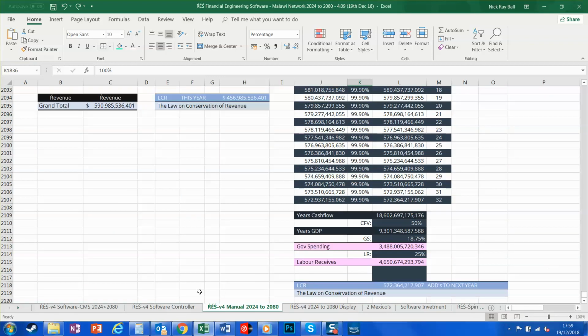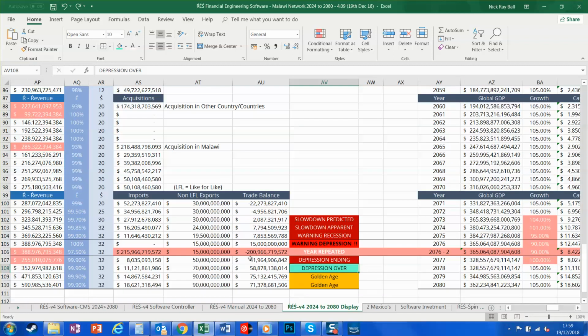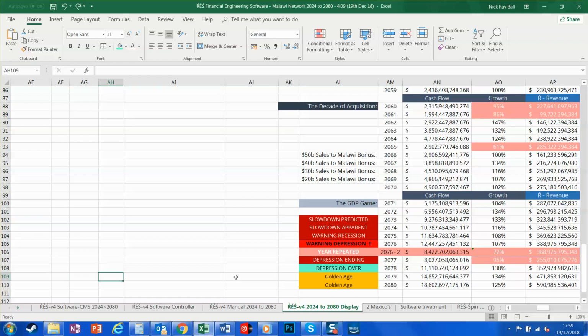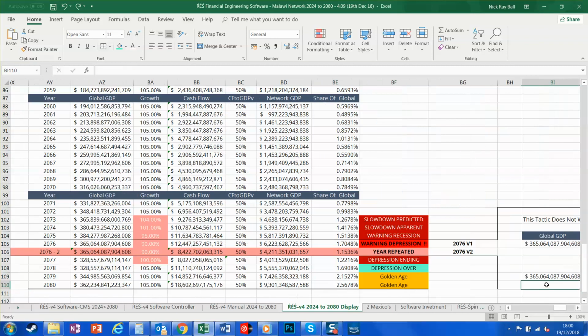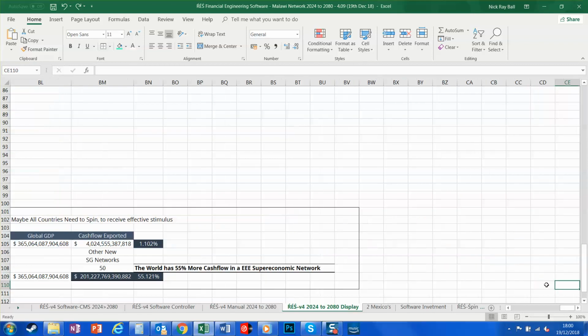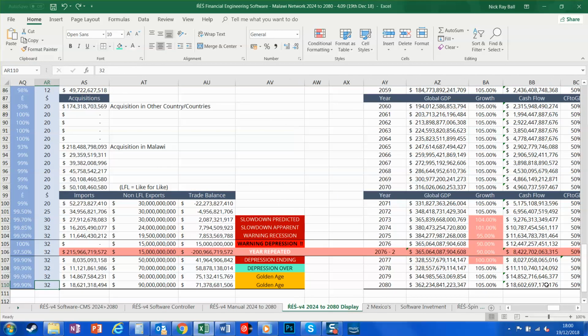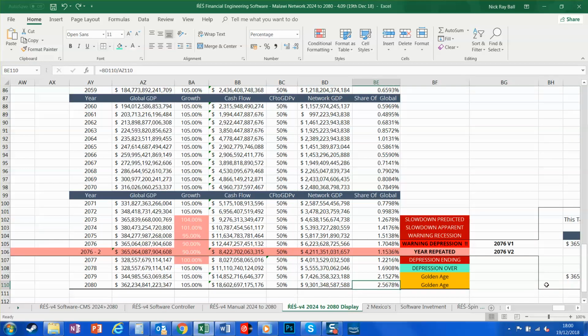And what we can see here is, because of those last 4 years of growth, which is growth of 93% in 4 years, unheard of in human history. No, back. There we go, that figure there, 2.56% of the global economy made by Malawi in this simulation in 2080. Okie dokie.